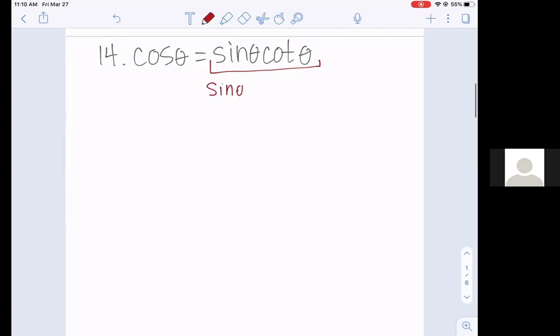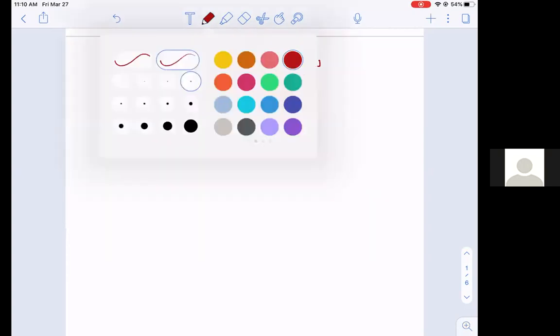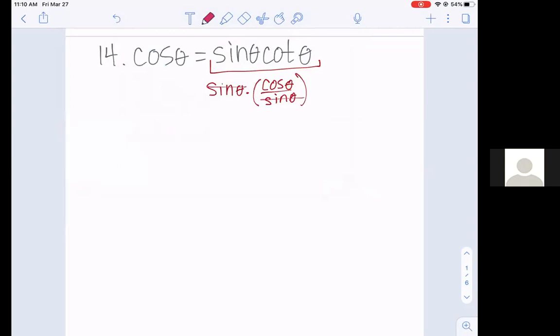Okay, so this is sine theta times, and then cotangent is cosine theta over sine theta. All right, so once I have that, I'm actually able to multiply those, and when I multiply them, my sine thetas go away. So I get cosine theta on the right, that matches my cosine theta on the left, and I have completed that example.